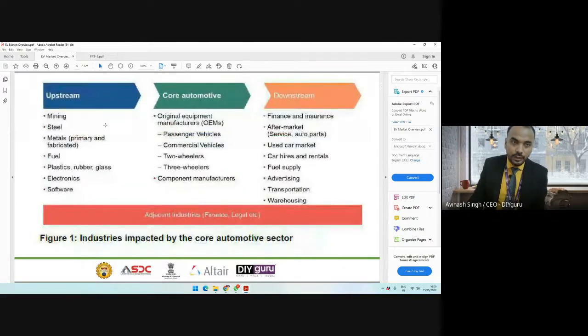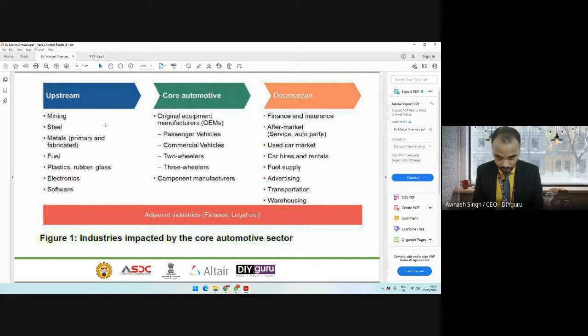Now, if you look into the broad spectrum of the automotive industry, this is what I wanted to emphasize here. What are the broad verticals of the automotive industry? When we talk about automotive, it's not just three-wheeler, two-wheeler, or four-wheeler. There are upstream and downstream industries associated with the automotive industry.